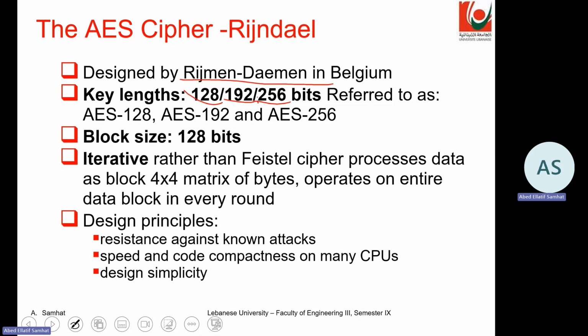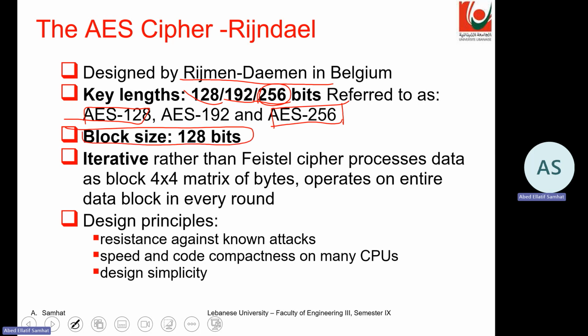If we use 256, we talk about AES 256. If you use a key length of 128, we are working with AES 128, and so on. In all cases, the block size is 128.